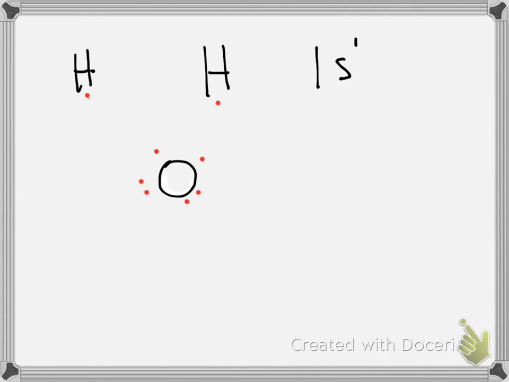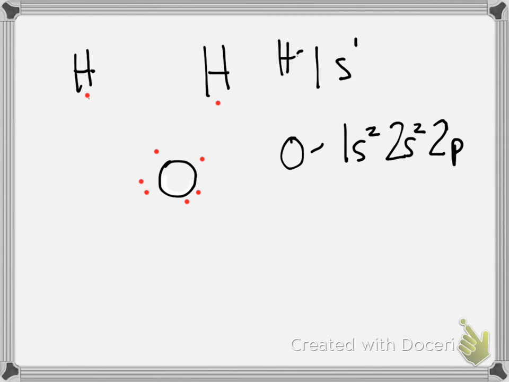What's the atomic number of oxygen? It's got 1s2, 2s2. You might want a periodic table out. 2p what? 2p4.